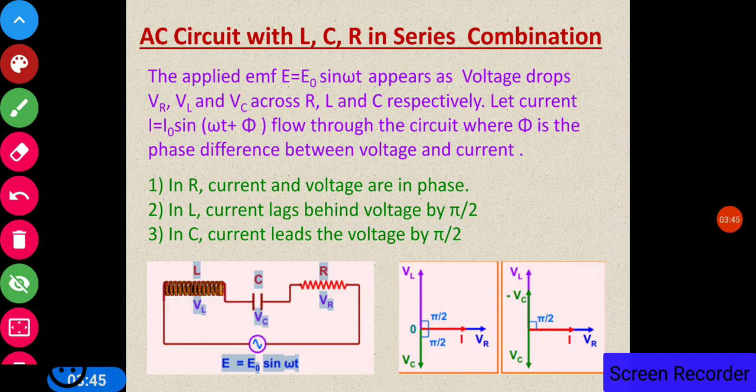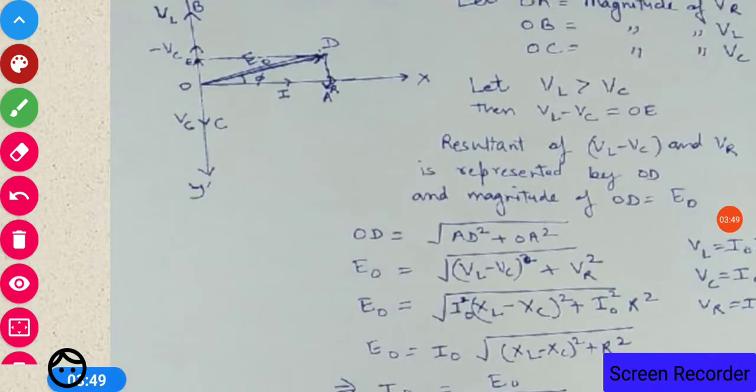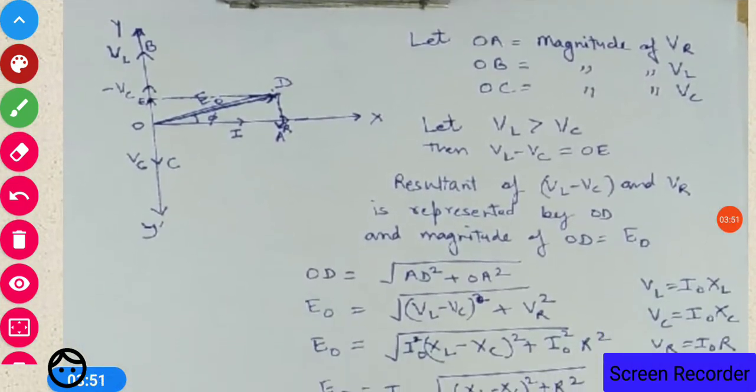Now let us find the resultant of this. I have drawn the same figure. You know that the length of a phasor shows the magnitude of that voltage or current, as we have studied in the phasor diagram.